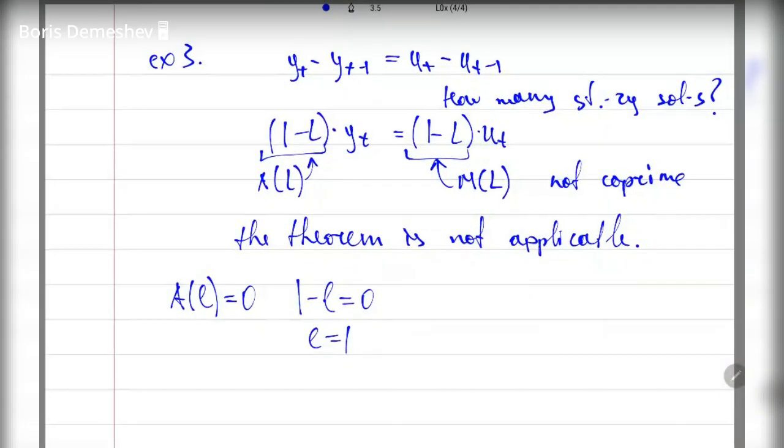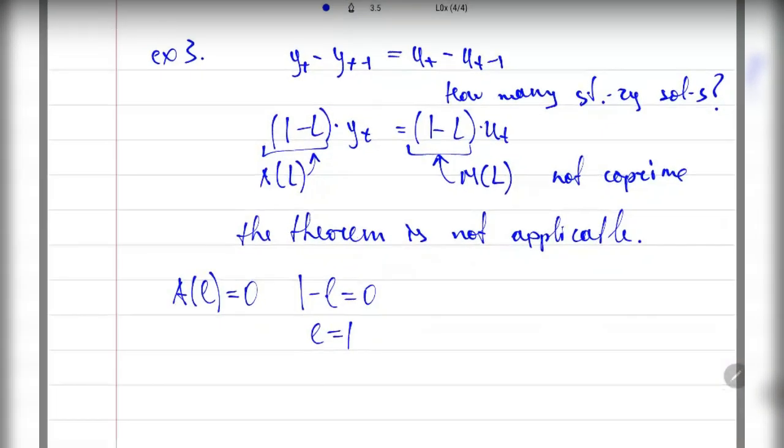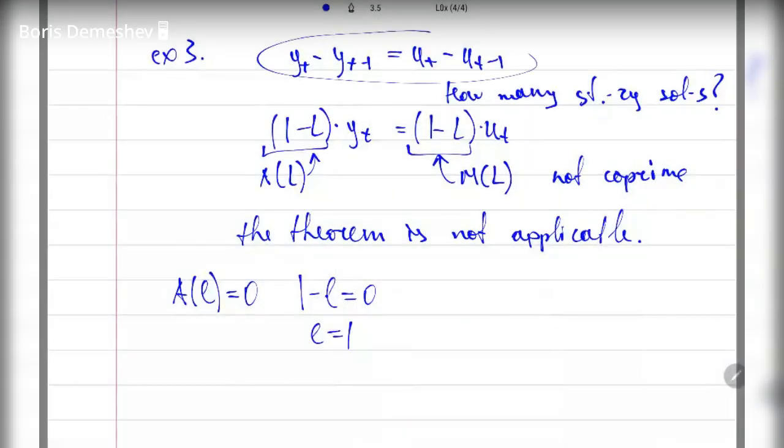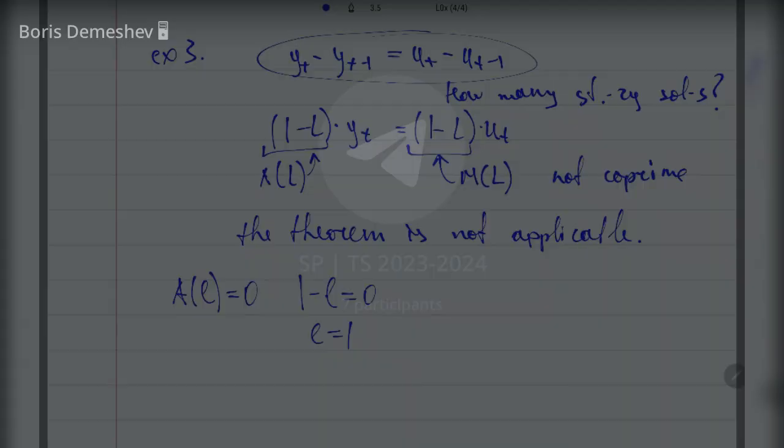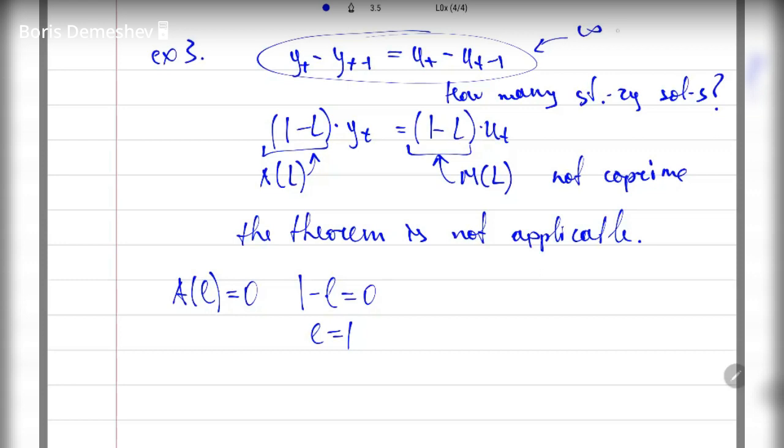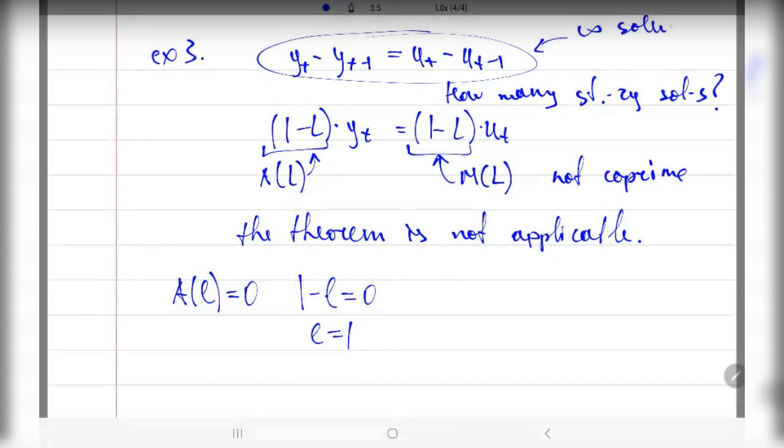But the theorem is not applicable because the theorem refers only to the case when the polynomials are coprime. And obviously, this equation has infinitely many solutions.